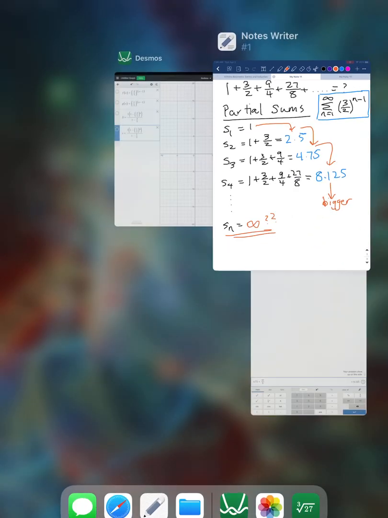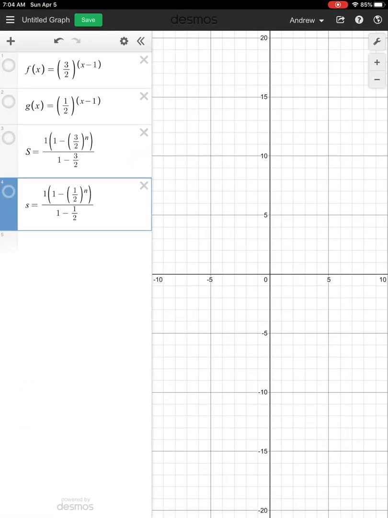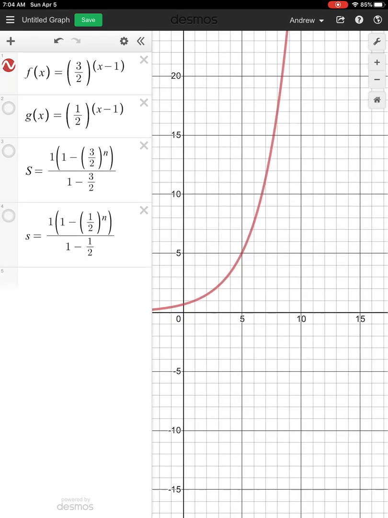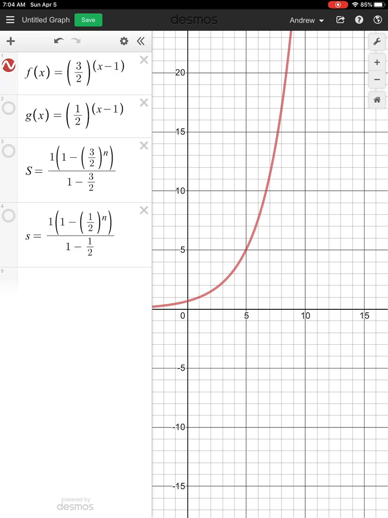Let's jump over to Desmos. We've got our geometric sequence here, and note this is the function version of it, so the exponential function. We can see that 3/2 to the x minus 1 is an exponential growth function. If we look at the right of that curve, it is heading almost straight up. Right before we get to 10, you can't even see it on the page anymore.